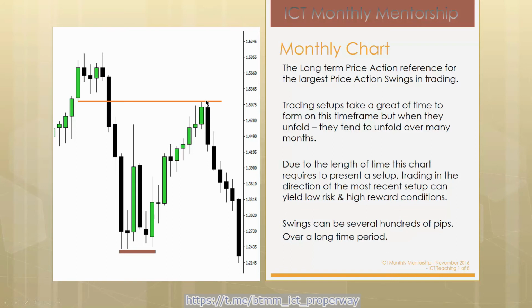But then once the formation comes into fruition, look how many months it takes to unfold. We got 1, 2, 3, 4, 5, 6 candles, or 6 months. Look how much acceleration there is. It's half the time it took for this chart to set up, and then half the time, or basically 6 months, to get down to these stops.